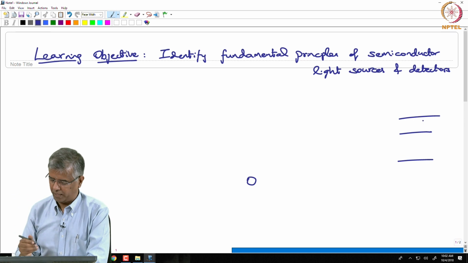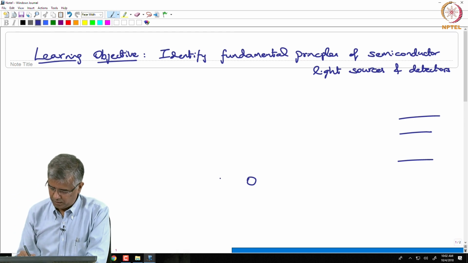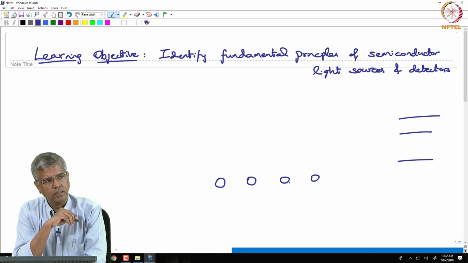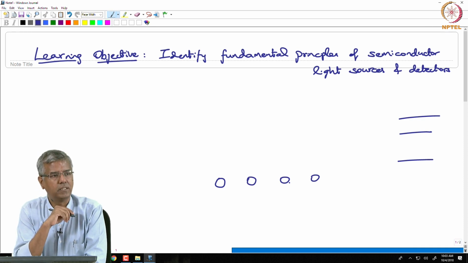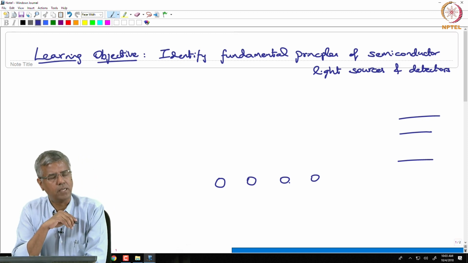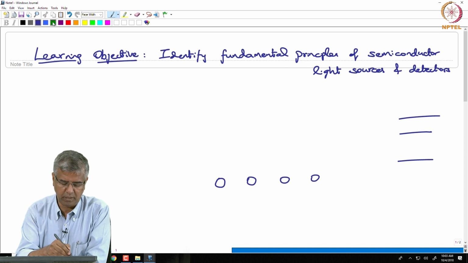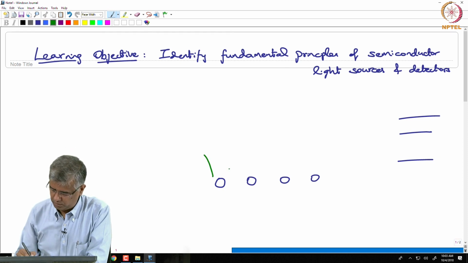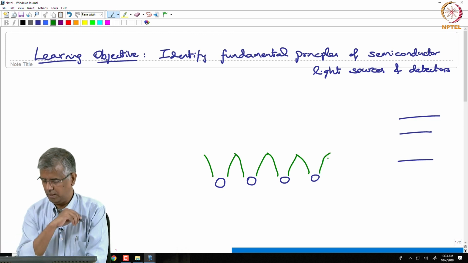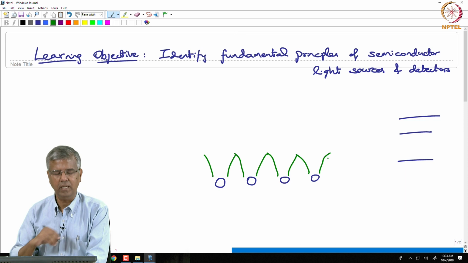Now, the primary difference is here we are considering a system of atoms. Let us say they are all periodically arranged. Each of these atoms constitutes what is called a potential well. So you would have a potential well associated with each of these atoms. So, why do we have this potential well?